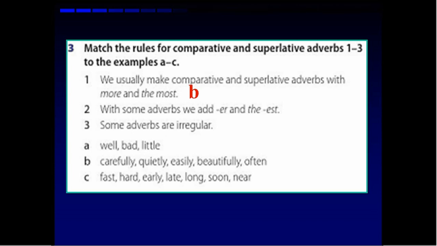Number 2. With some adverbs, we add er and est. Which one? Yes, C. Fast, hard, early, late, long, soon, near. Number 3. Some adverbs are irregular. Sure, it will be A. Well, bad, little.